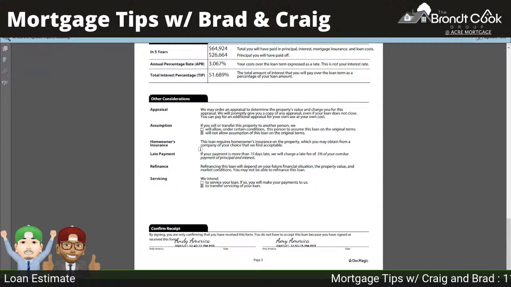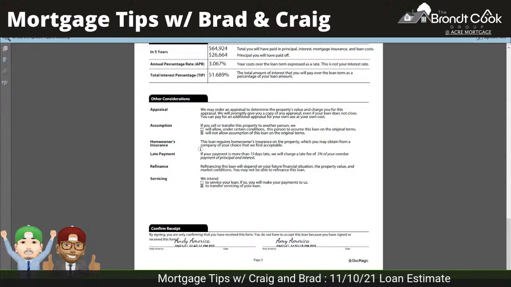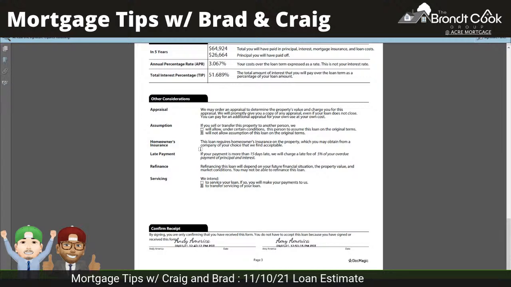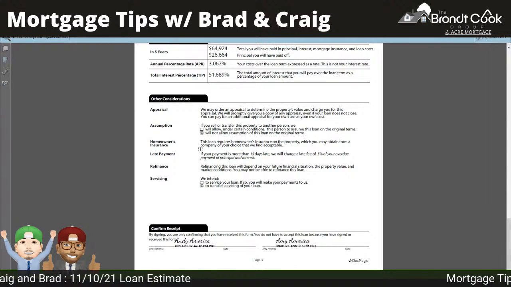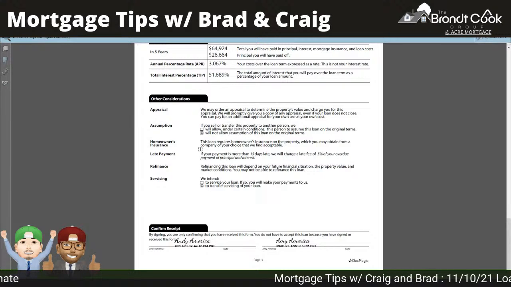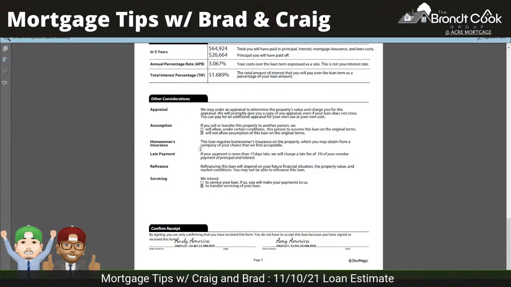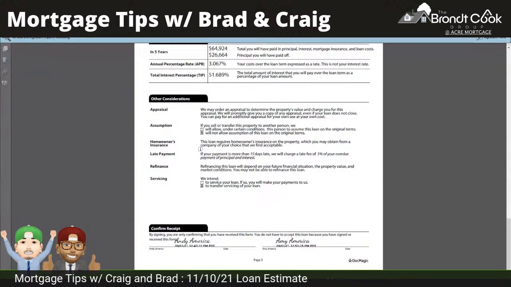Just so you know, nothing changes with servicing, meaning nothing changes the terms of your loan. If your loan is a fixed rate, your rate stays the same no matter what bank it gets sold to. And this can happen frequently, loans being sold. It's just a part of your agreement in borrowing money. So that pretty much sums up the loan estimate.